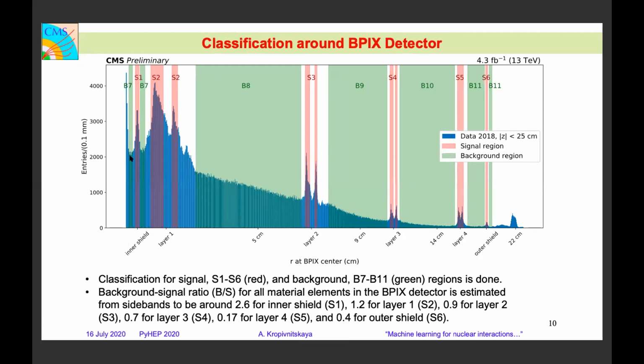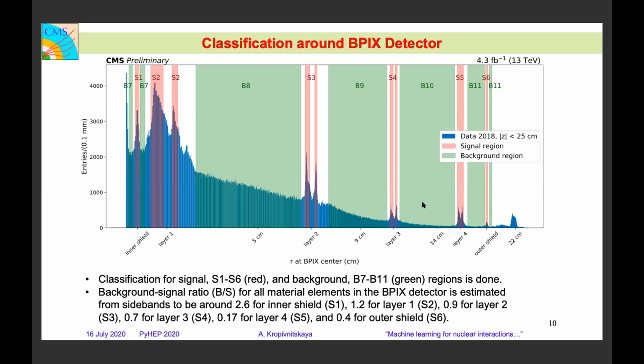So we make a classification from S1 to S6, and also for the background regions from B7 to B11. Also, we calculate the background signal ratio, and it varies from 2.6 for the inner shield, so we have 2.6 times more background than signal, down to 0.17 for layer 4.